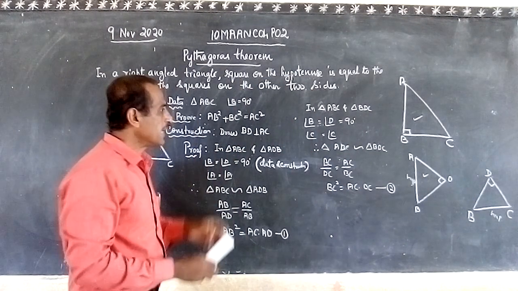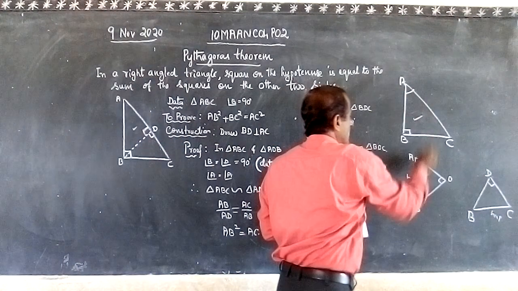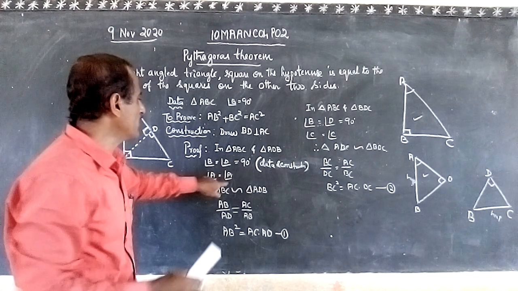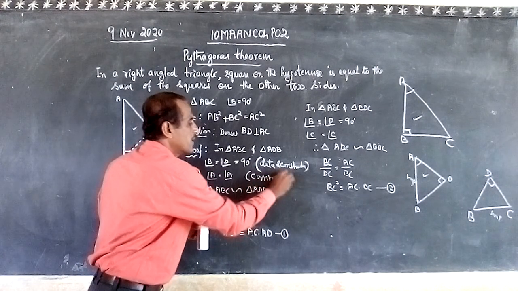Next, angle A is common to this triangle and this triangle. Correct? Angle A is equal to angle A. Why? It is a common angle.